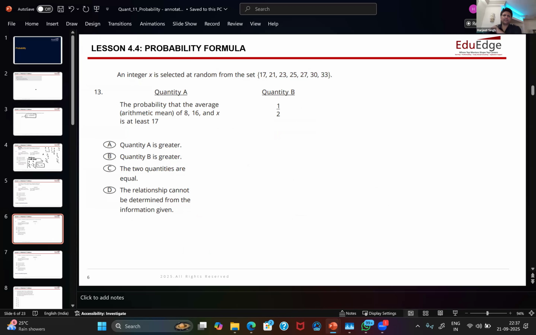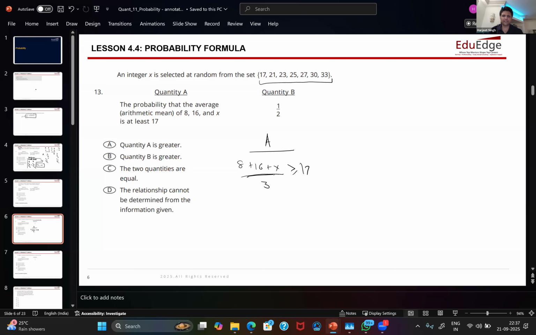Next, X is an integer selected at random from this set. And what is quantity A? The probability that the average of 8, 16, and x is at least 17. Let's analyze A. They're saying the average of 8, 16 and x should be greater than or equal to 17.